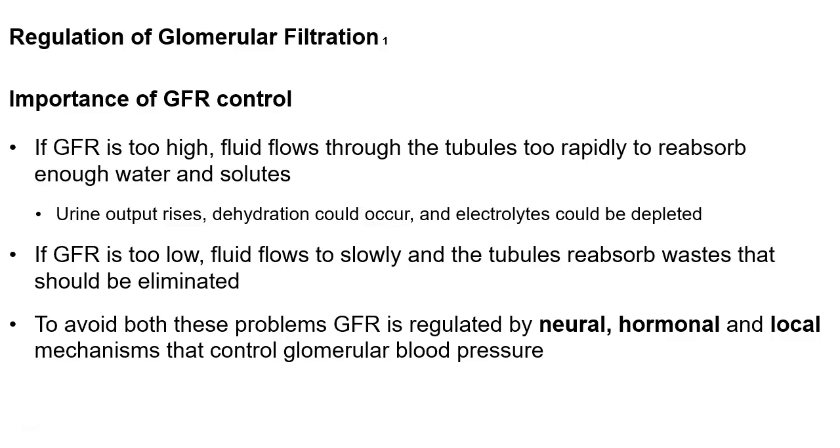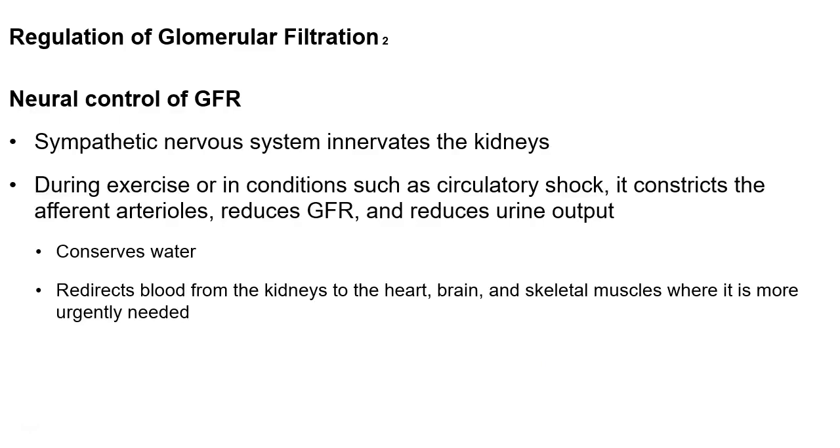So in order to avoid both of these problems, we have regulatory functions set in place by the neural system. So neural functions, meaning the nervous system, controls this. We have hormonal controls of this, and we have local mechanisms that help control the glomerular blood pressure. So let's look at the neural control first. The sympathetic nervous system, which is our fight or flight branch of our nervous system, actually innervates the kidneys.